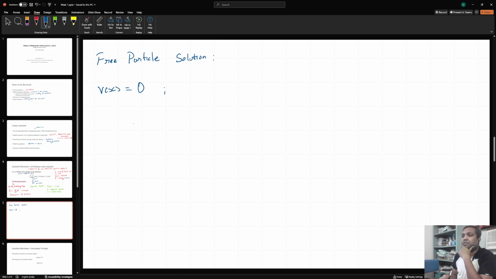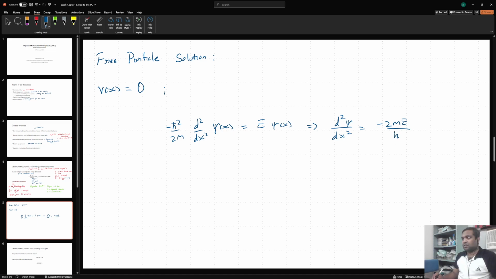So in this case, the Schrodinger equation will reduce to minus h bar squared by 2m d squared by dx squared psi of x is equal to E times psi of x. Now this would imply minus 2m E upon h bar squared psi.